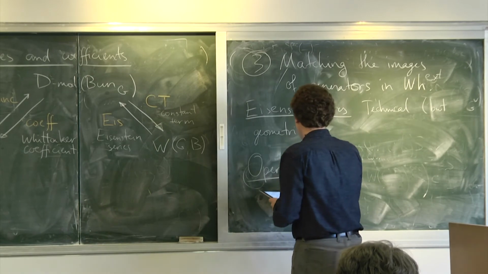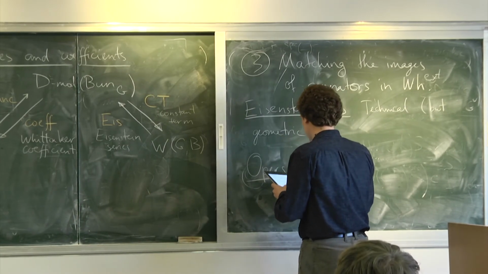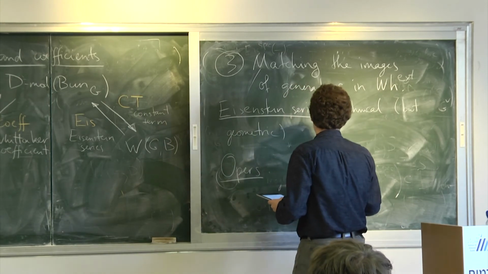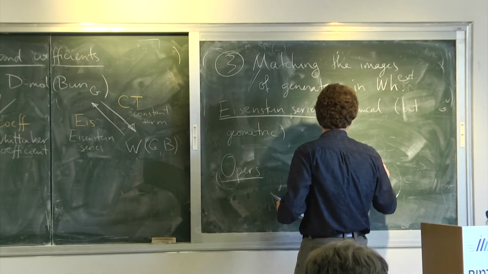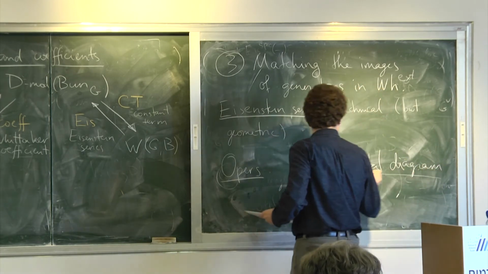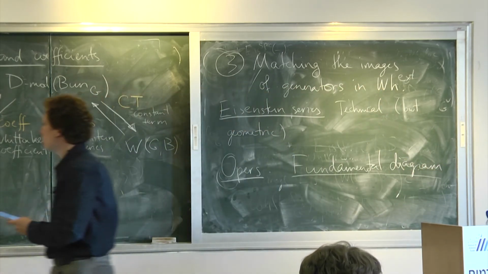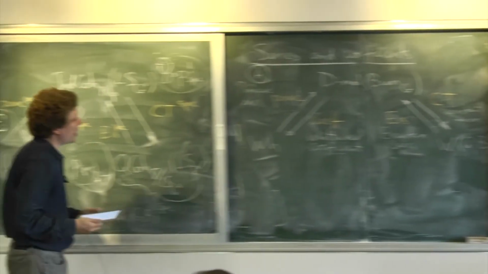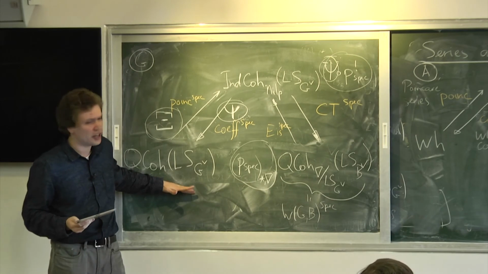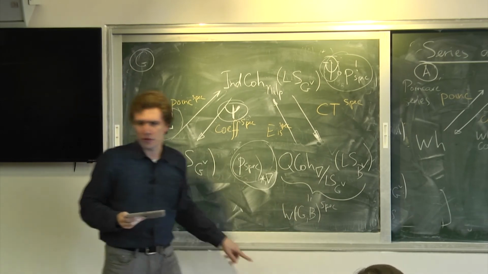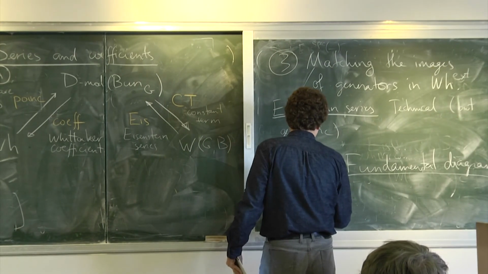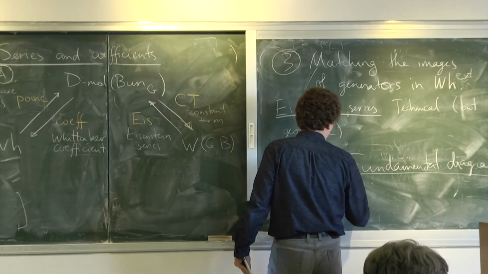Fortunately, we know just enough about them to make this work. On the one hand, we have this fundamental diagram. The fundamental diagram basically allows you to match their non-degenerate coefficients. So this is somehow the meaning of the fundamental diagram: match the non-degenerate part.